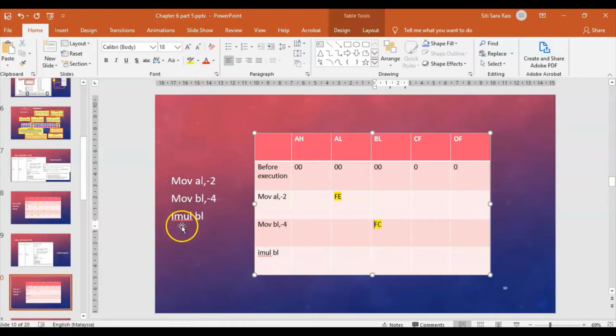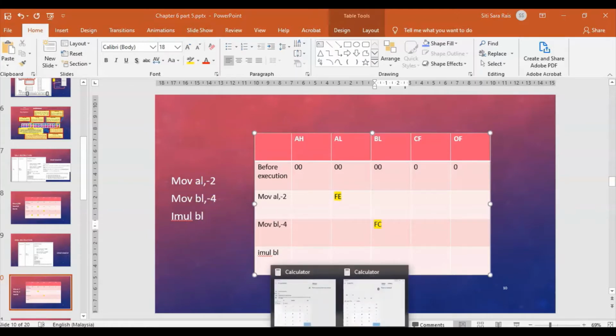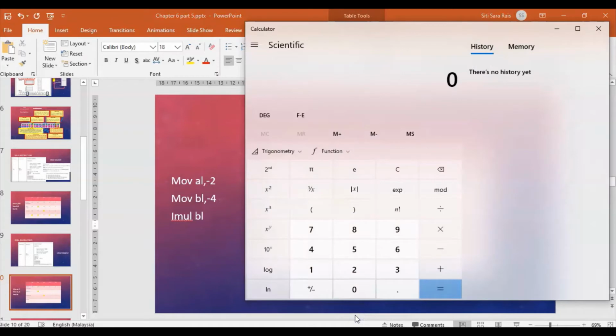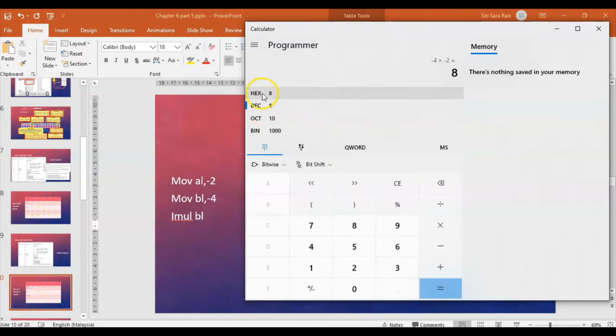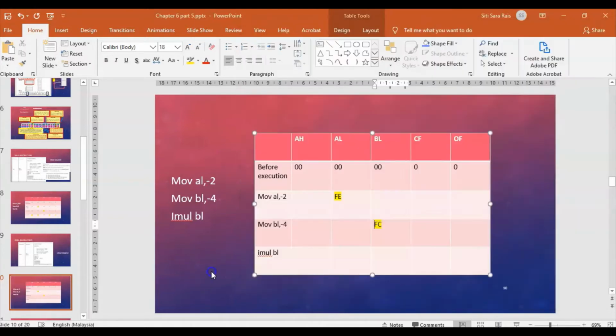So we do the multiplication, -2 multiplied with -4. Oh, wrong calculator. Okay, -4 multiplied with -2, and the result is hexa 8.